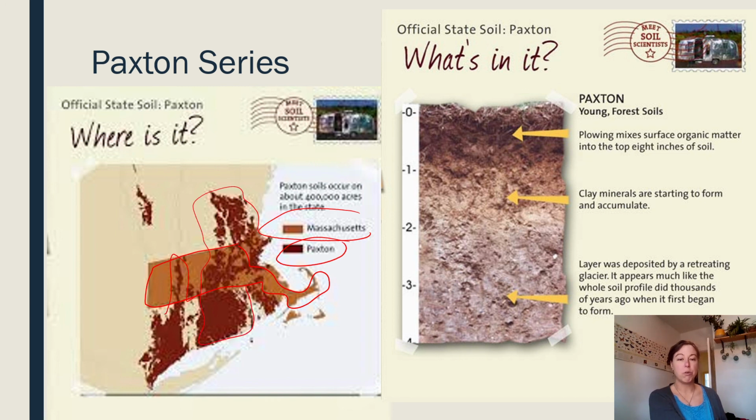Every time they do soil sampling and find another soil, like they probably didn't have this one originally as part of the soil series, it's probably been added as they sample more pedons, and they're like, hey, this pedon has all the same series qualifications as the Paxton series. So it has very specific features in its horizons, and they probably have specific measurements of the horizons as well.